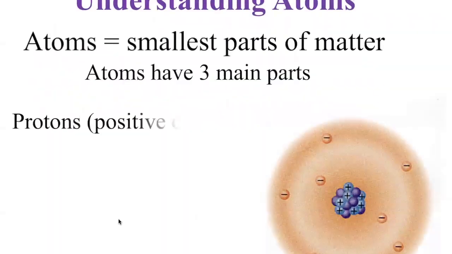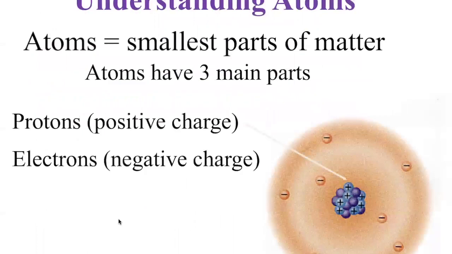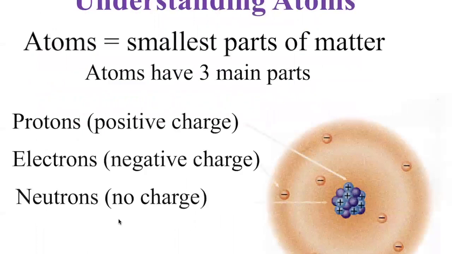So the atom is not the smallest part, like we believed in Dalton's theory. The atom is actually composed of 3 subatomic particles. So it's not like we were saying, that it's indivisible and we can't break it apart. We actually can, into 3 simple substances, which are your proton, your electron, and your neutron.